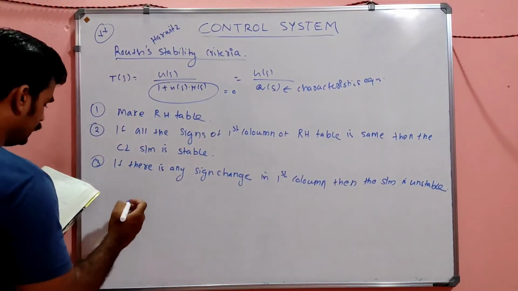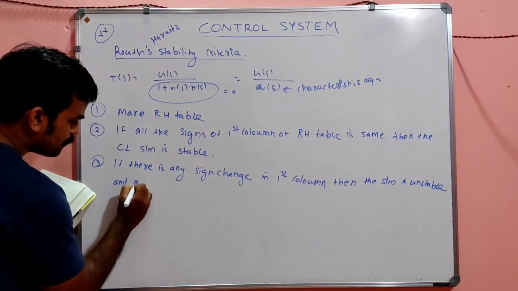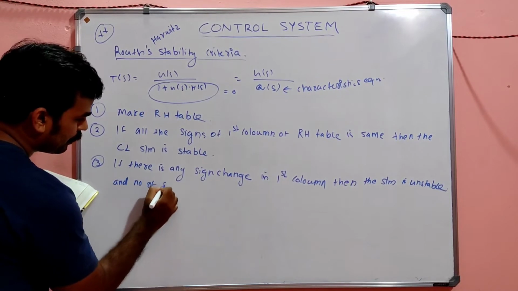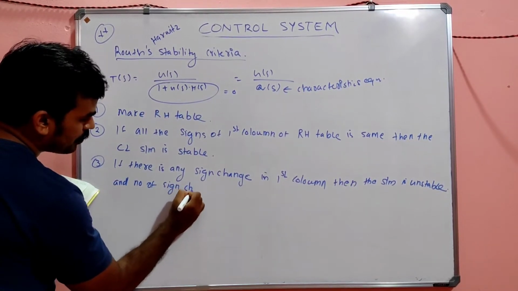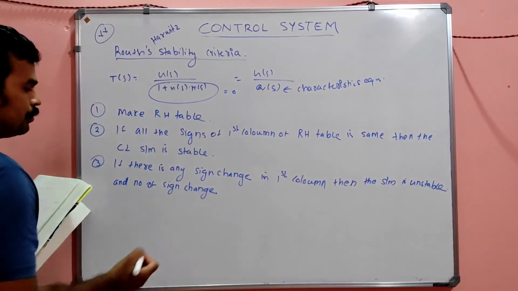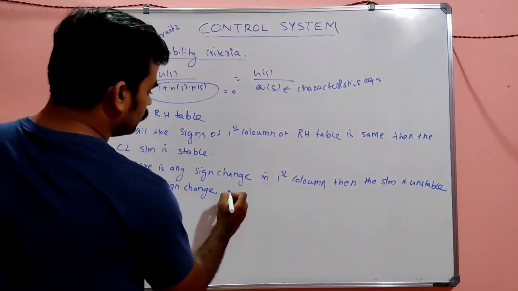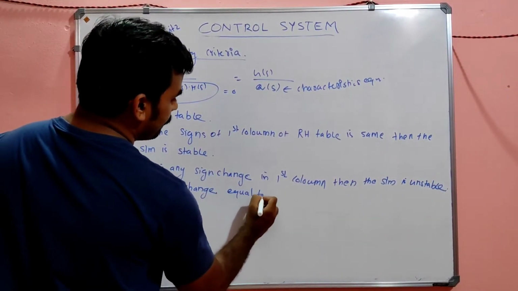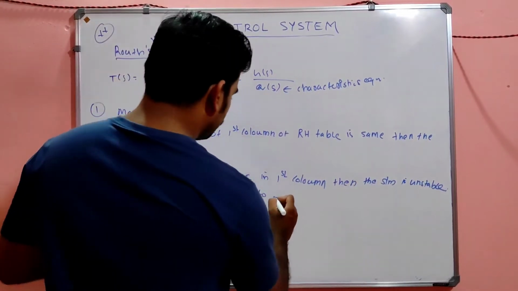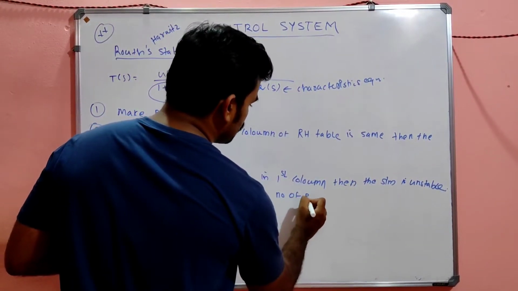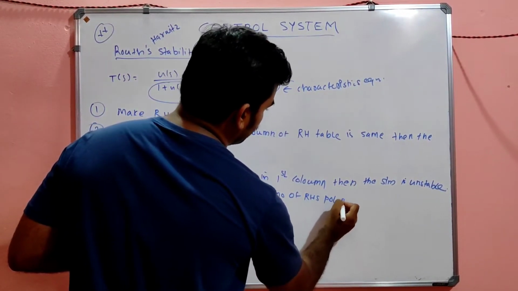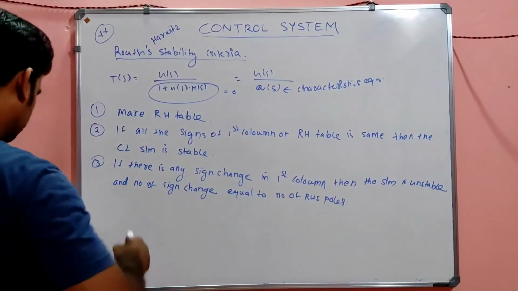And the number of sign changes equals the number of RHS poles. I will explain after writing completely.